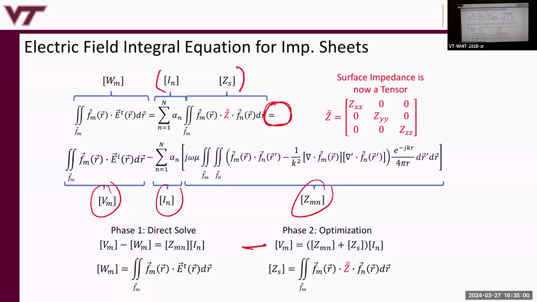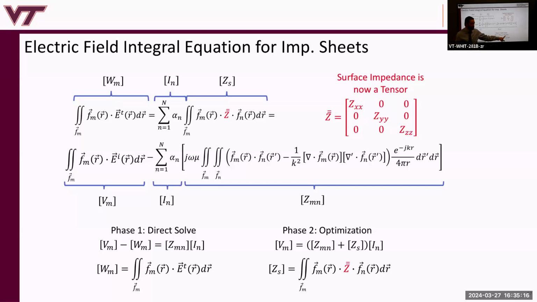And the reason why I write here phase 1, phase 2 is direct solve and optimization. You can directly solve this one, everything's known here except for the IN. You can solve this and get the INs, the currents. Here, you can put this into an optimization loop and you can optimize over the Z sheets if you know some cost function you want. So call this an optimization phase. All right? Is it clear?